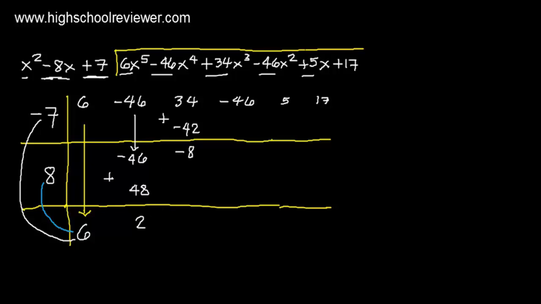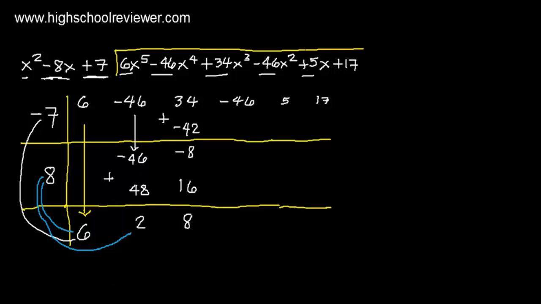Next, we are going to multiply positive 8 again, but this time we are going to multiply it with positive 2. 8 times 2, that is positive 16. We will put here positive 16. And then perform addition. Negative 8 plus positive 16, that is equal to positive 8. And then multiply again negative 7.